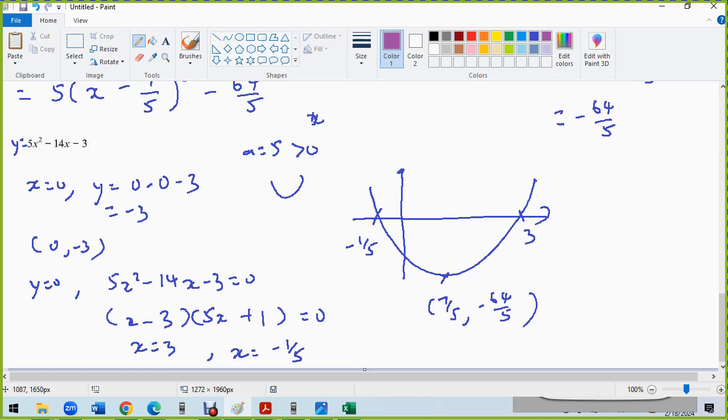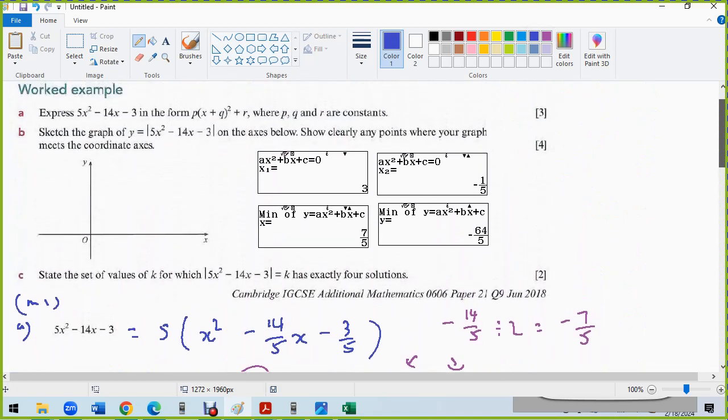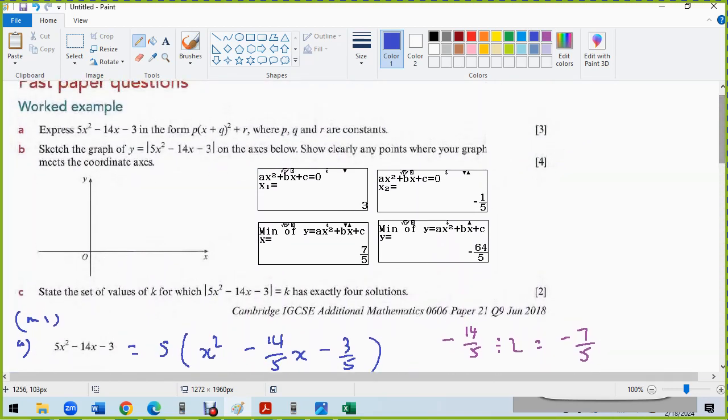If we have the modulus of f(x), then it will be like this. Just now this one is negative 3, so after the modulus it will become 3. So we have negative 1 over 5 and 3 on the axis.